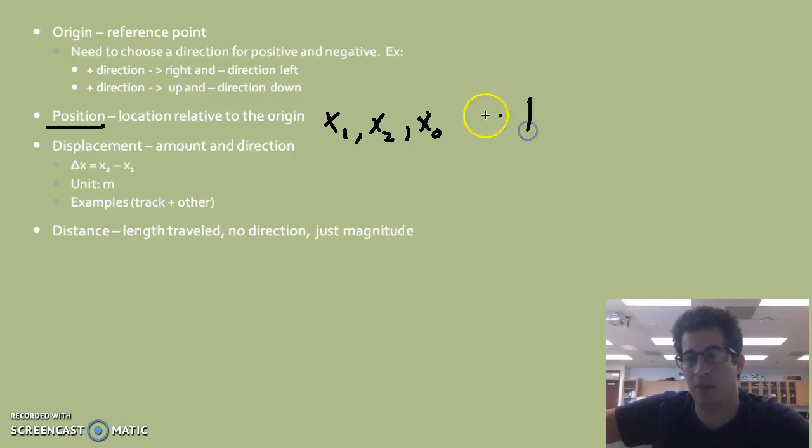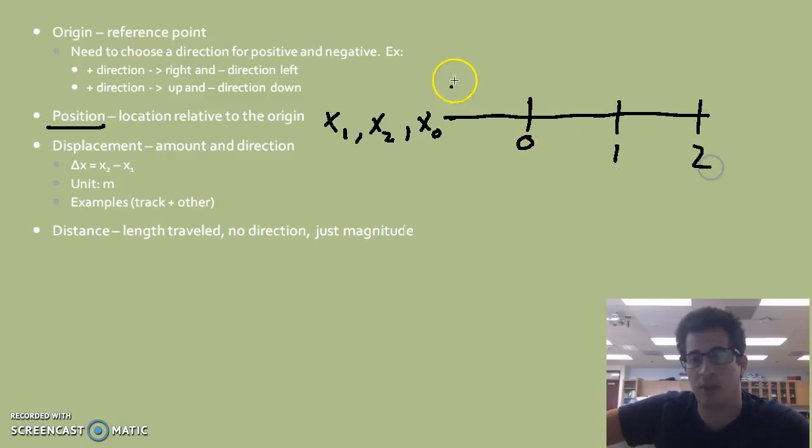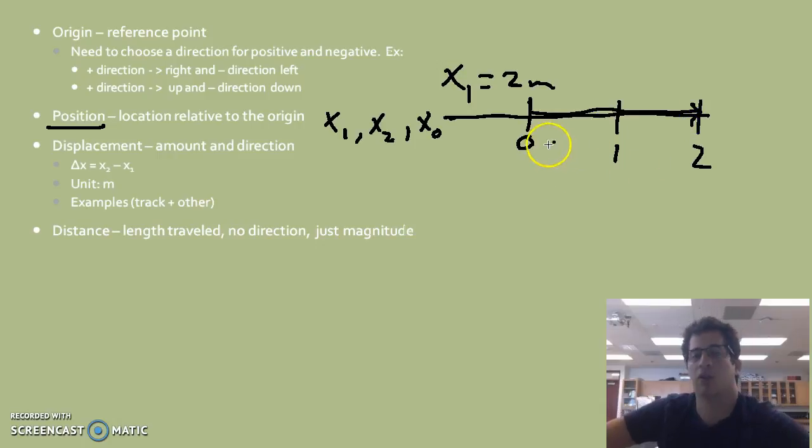So if we have a number line, and something has a position of 2 meters, that means we have a vector pointing from here that goes to 2 meters. Now, sometimes, and in a very narrow range of circumstances that we'll encounter, it makes sense to, instead of drawing an arrow, just put a point.